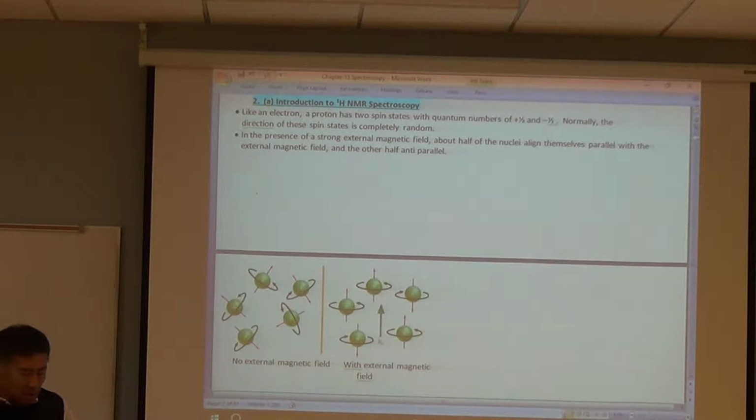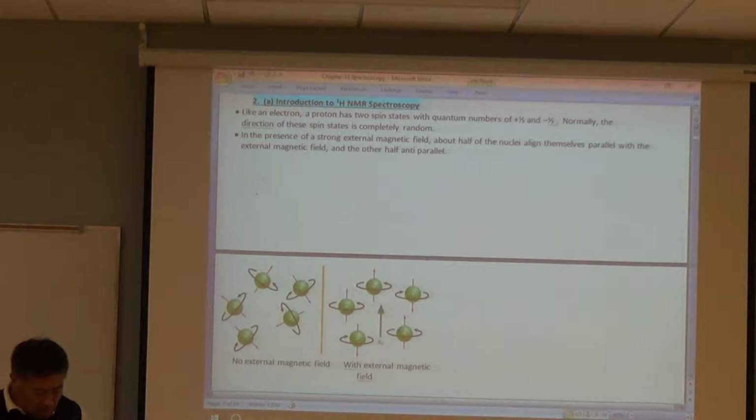If you apply a strong magnetic field, they will line up. About half of them line up in the same direction as the external magnetic field, which we call B0.